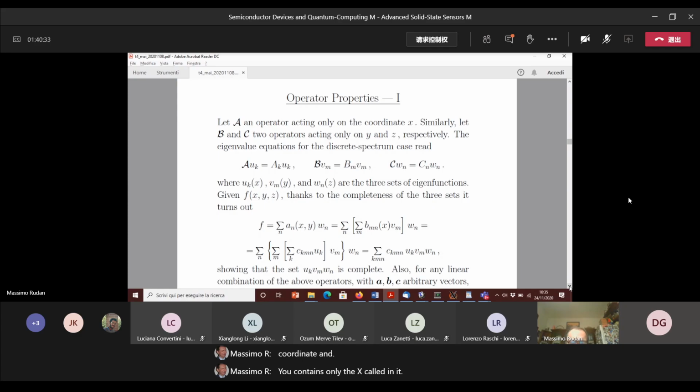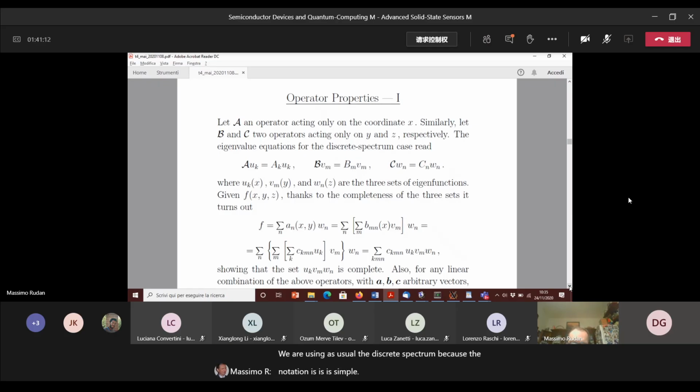In parallel, we build up the eigenvalue equation for B, and the eigenfunctions v depend only on y. And finally, we build up a third eigenvalue equation, this time for C, and the eigenfunction w will depend only on z, okay? We are using, as usual, the discrete spectrum because the notation is simpler.